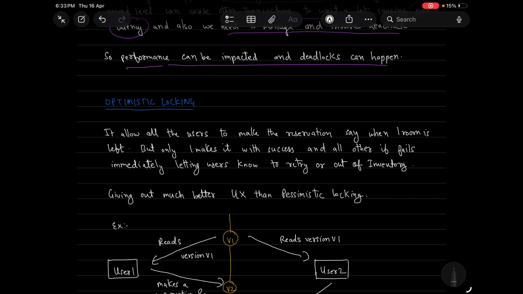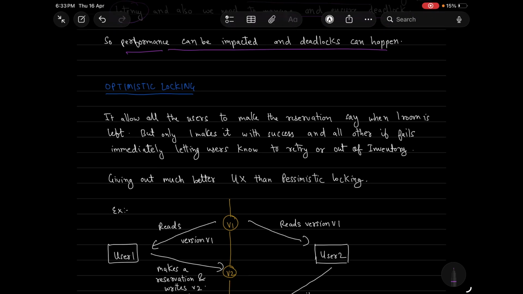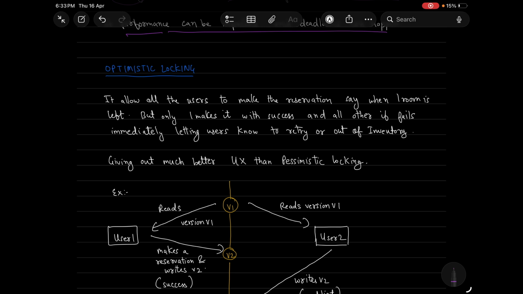We can also have another type of locking, which is optimistic locking. It allows all the users to make the reservation, say when one room is left, but only one succeeds and all the others fail immediately, letting users know to retry or that it is out of inventory.